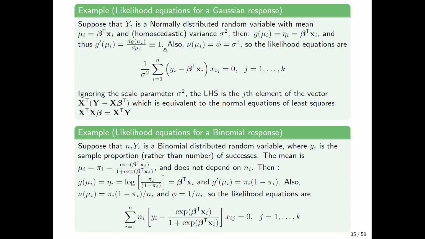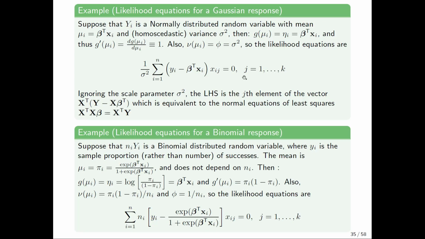So, let's make the likelihood equations concrete with our three examples. First, the Gaussian response. Y_i is normal with mean μ equal to the linear predictor and homoscedastic variance σ squared. The link is the identity, so the derivative of the link is 1 and the variance function is just σ squared. Plugging into the general likelihood equations gives 1 over σ squared times the sum of (y_i minus β transpose x_i) times x_i equals 0.